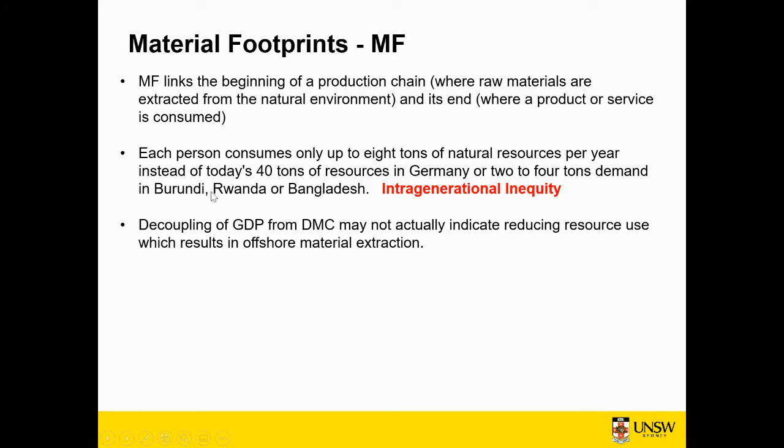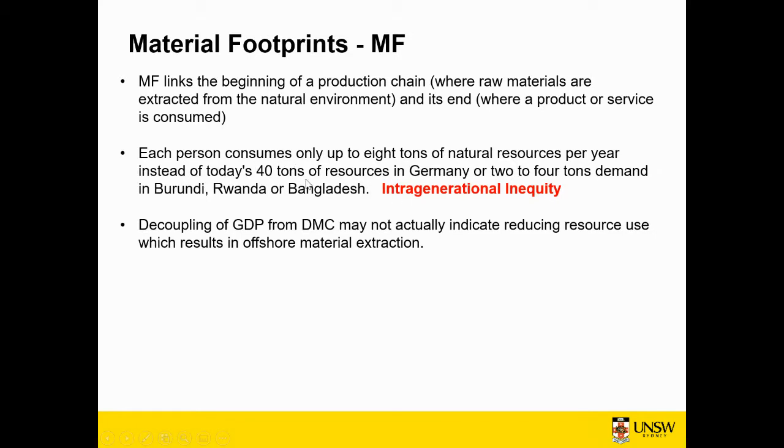And just to give an idea of some statistics here. So one person on average, like for the world average, a person consumes up to 8 tons of natural resources per year, so all summing all the material requirements.